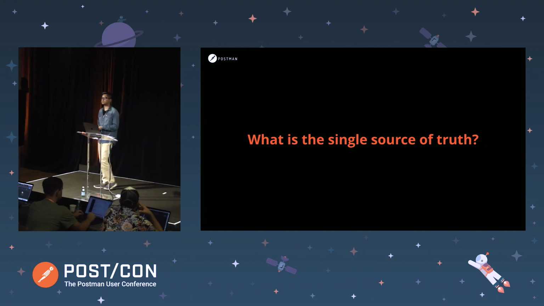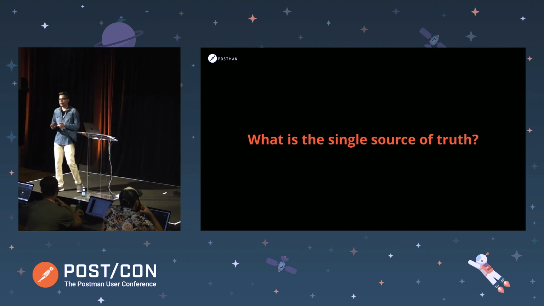So I have a hypothetical use case, which kind of builds towards this one question, that what is my single source of truth? That I want to have one source. If I have a schema, if I have an OpenAPI schema, that should be my source of truth for the documentation, for the tests, for how the interface that I see. I should not have to go and ask people that, hey, I've seen this API schema, but my API is returning some other kind of response. That's not really acceptable.